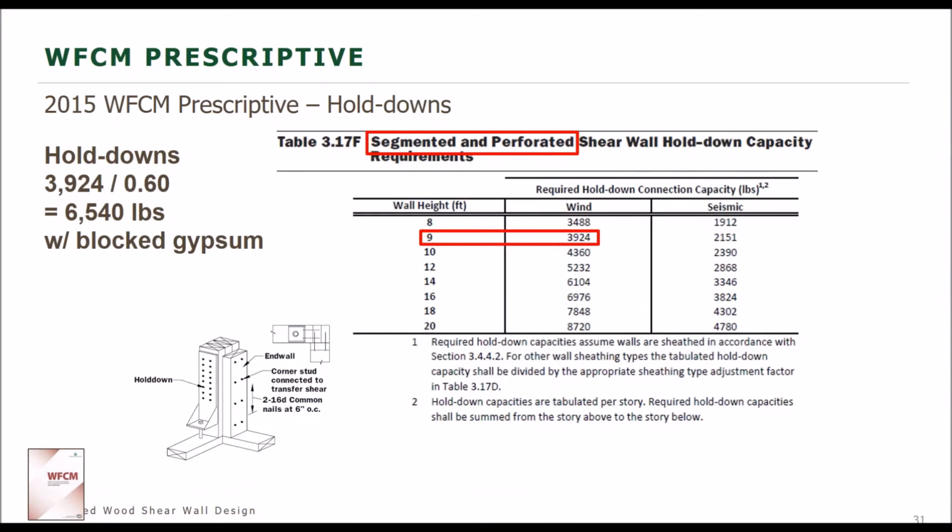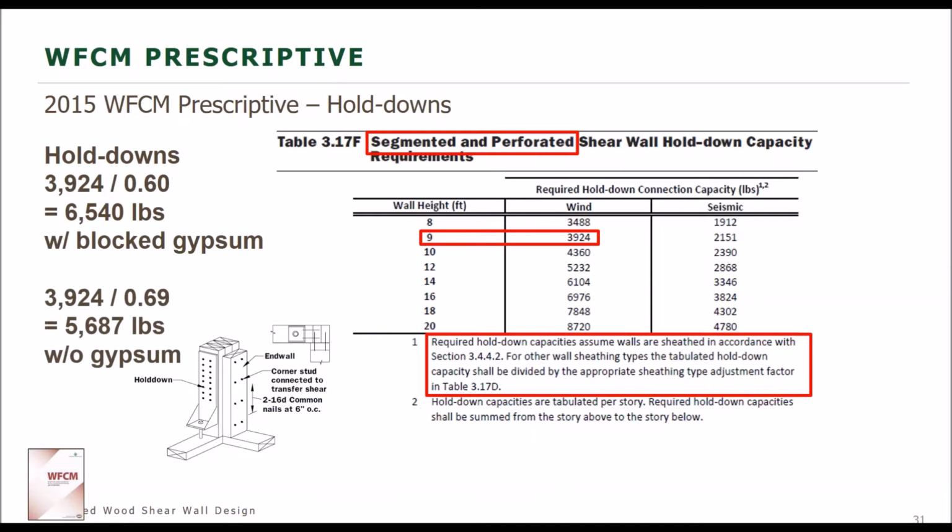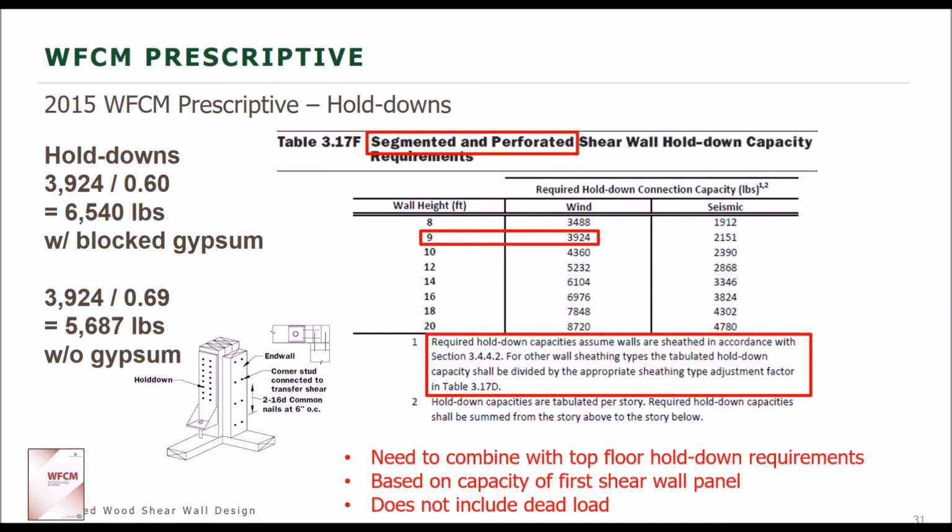Now, hold downs for segmented and perforated shear walls in the WFCM prescriptive provisions are calculated in an identical fashion. This is because they're calculated based on the capacity of the first shear wall panel. So we've got a 9-foot high wall, and you can see that the required hold down capacity is 3,924 pounds.